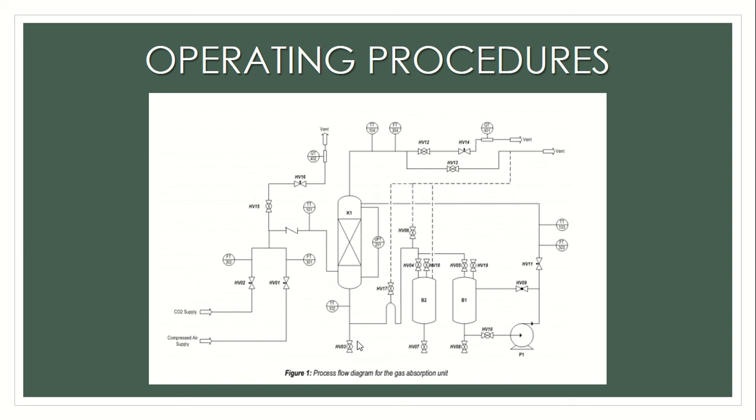After we drain all the liquid through HV03, we drain all the liquid from the receiving vessels, B1 and B2, by opening HV07 and HV08.